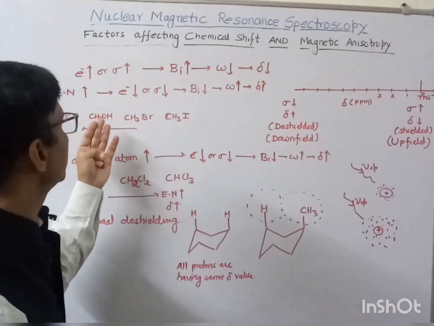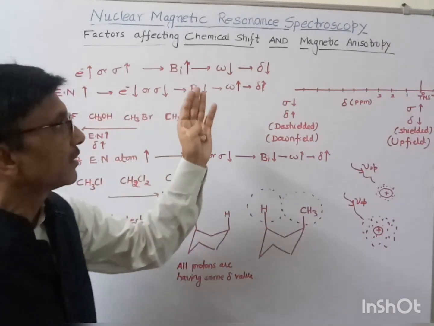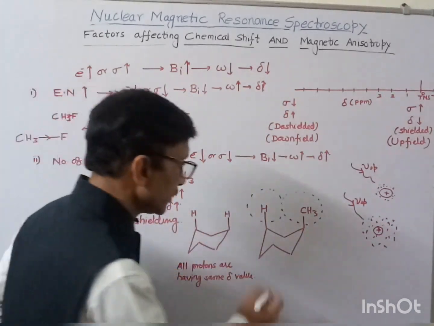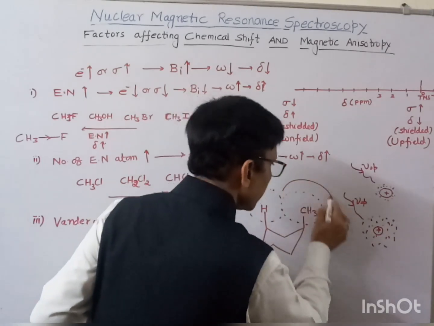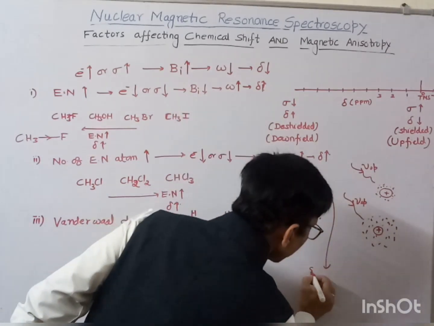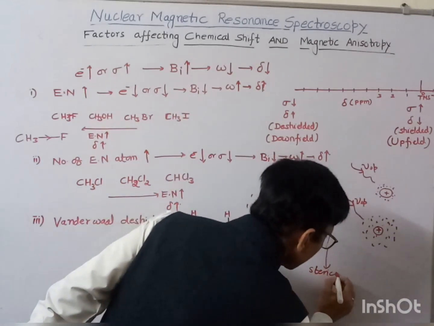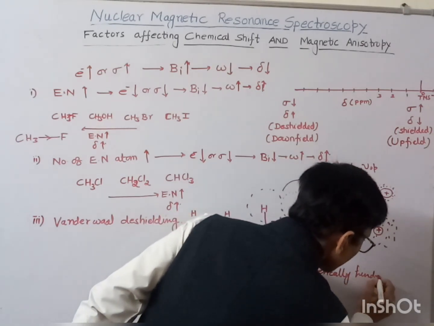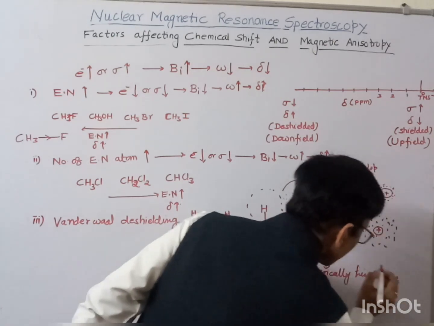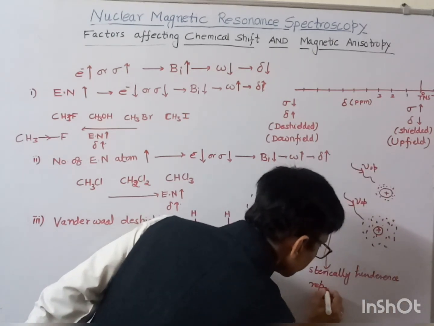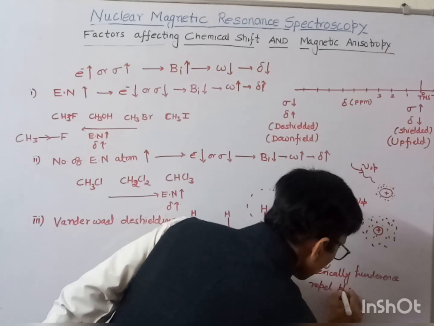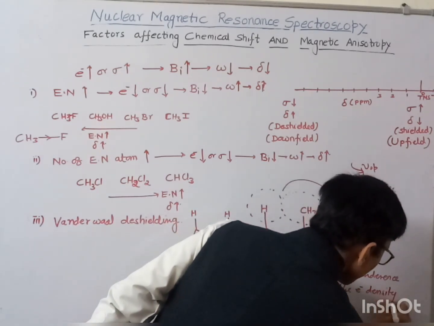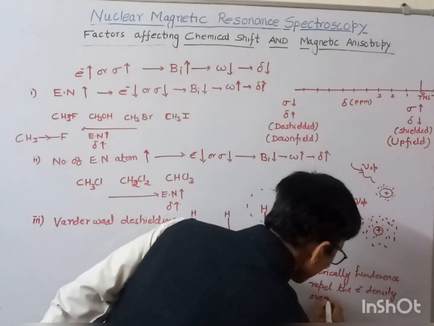If shielding is decreasing, it means the delta value goes to a higher value, that is de-shielded. So this steric hindrance repels the electron density over the proton.